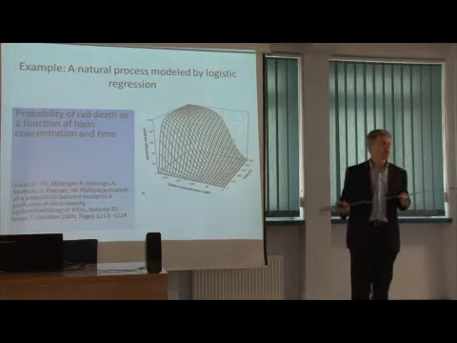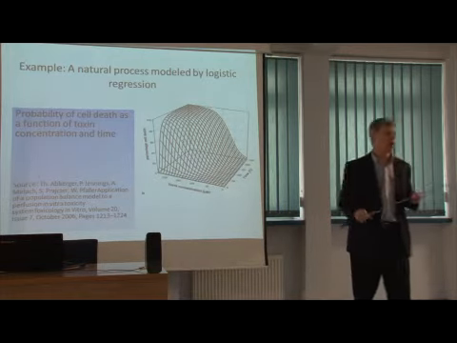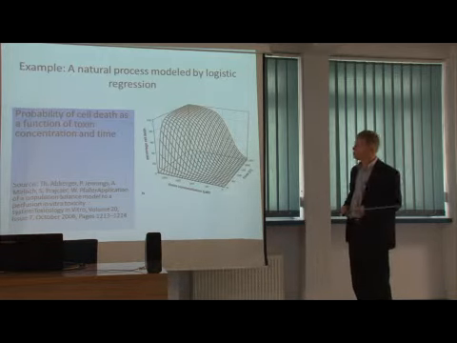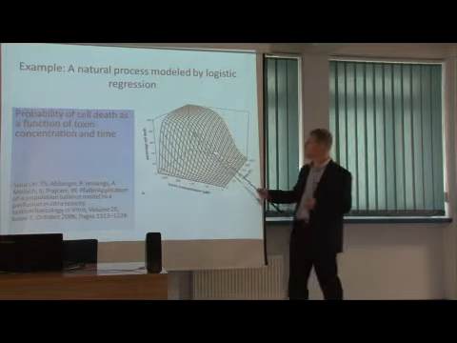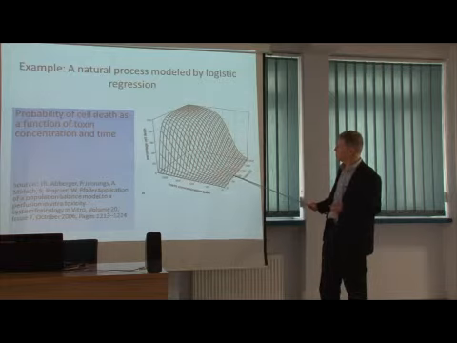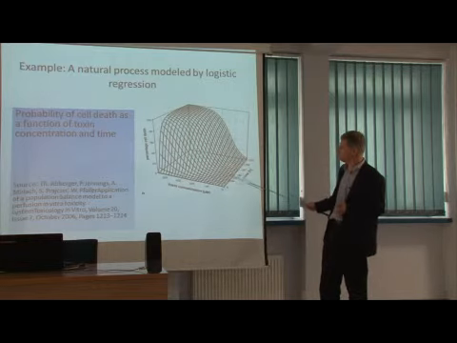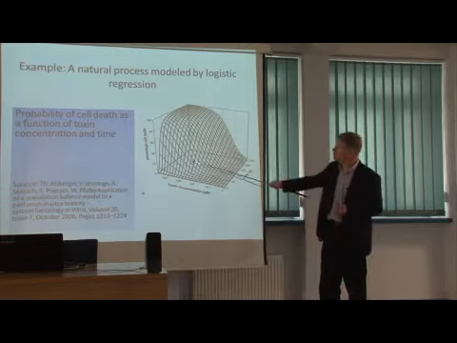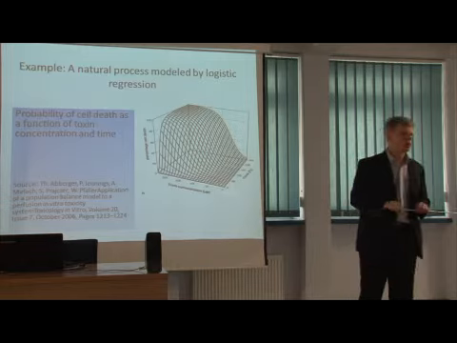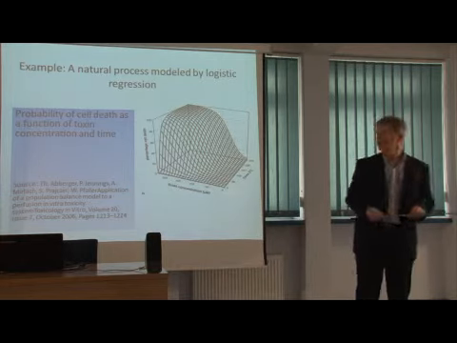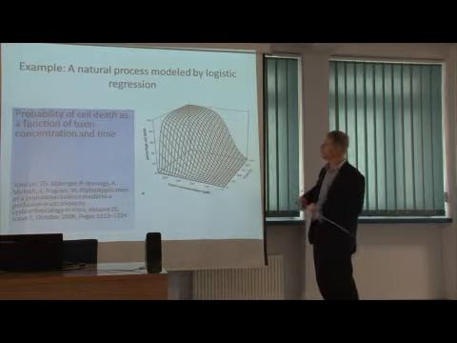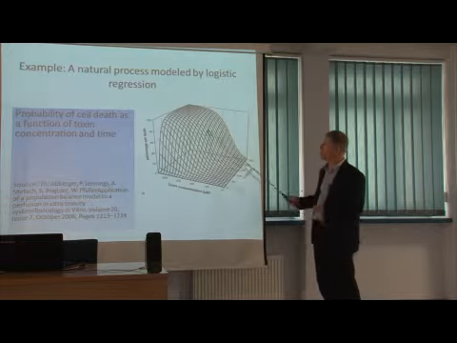How was this surface derived? It was derived by observations. What researchers did was put some poison into a cell at different times and derive some points in this space. The model that they chose, the logistic regression model, was essentially trying to fit as well as possible the points that they found experimentally.